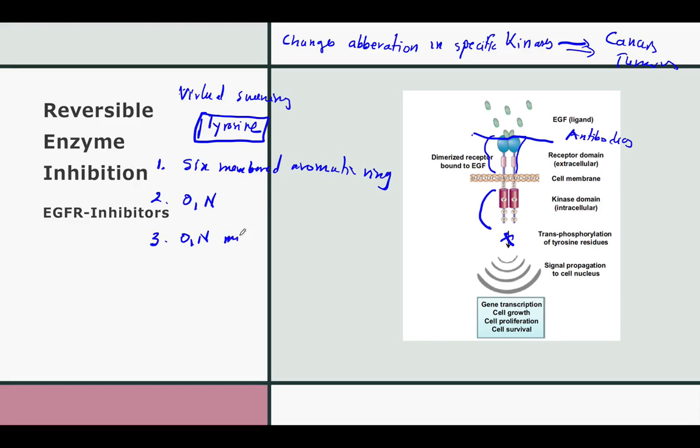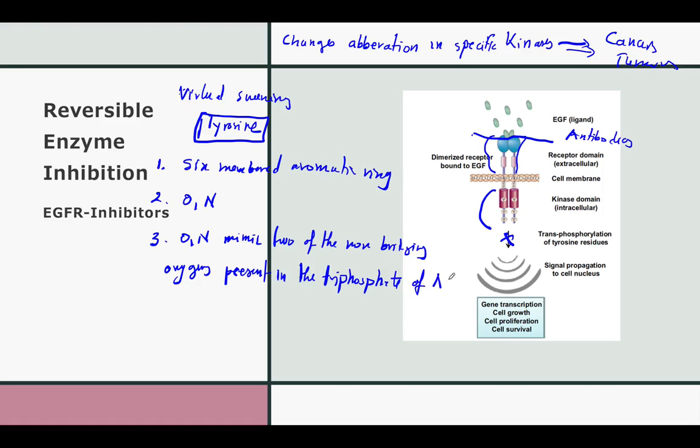Okay, so this is to mimic two of the non-bridging oxygens that are present in the triphosphate. So these are the three considerations that they had.